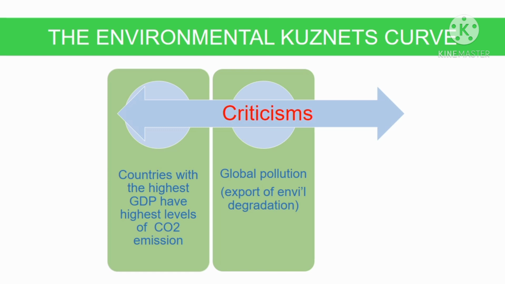Number 2, there is global pollution. Pollution can be exported. For instance, if the United Kingdom diverts its economic activities to service sectors but imports manufactured goods such as cars or electronics from other countries, those exporting countries emit more carbon dioxide from the production.